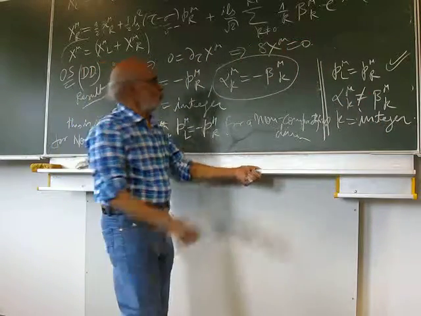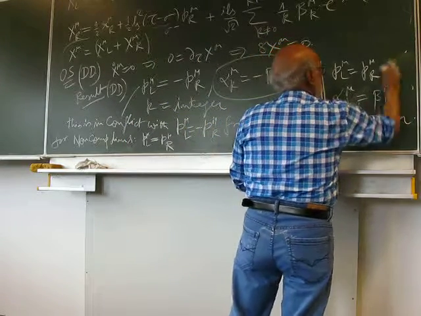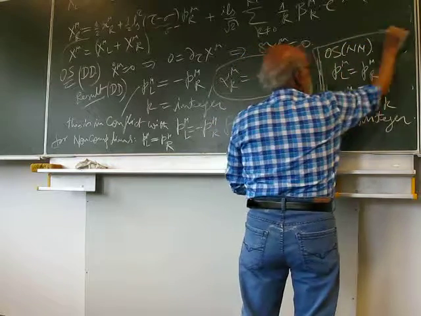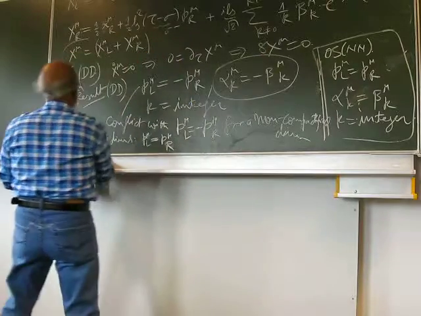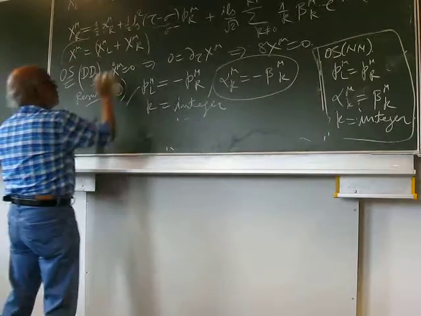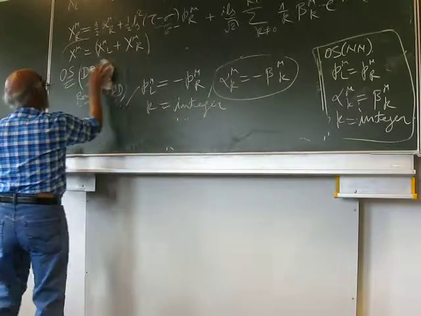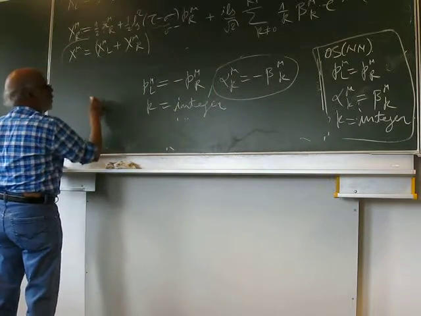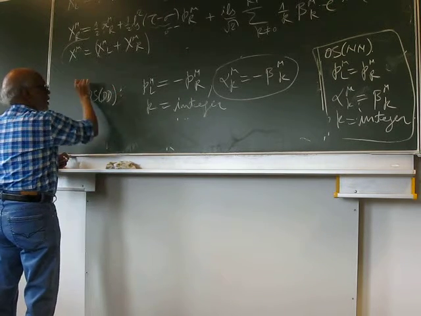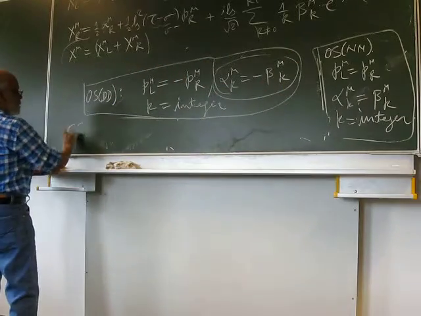So for a closed string, these are the results for the open string with Neumann boundary conditions, and these are the results for the closed strings.